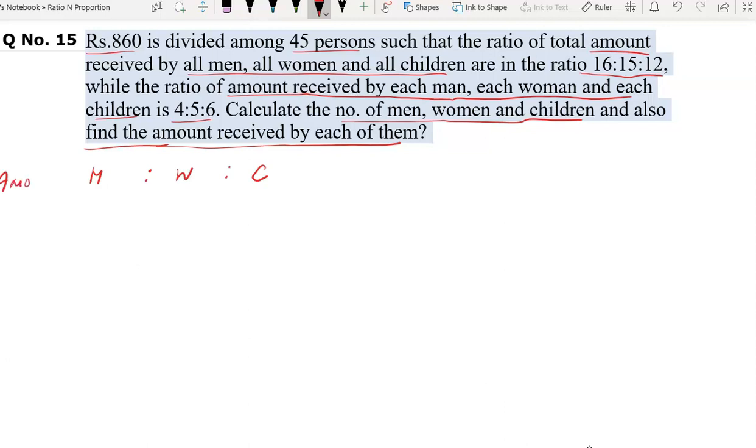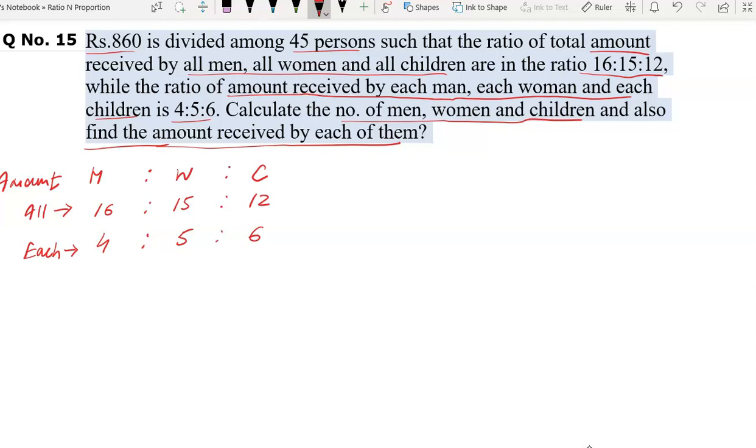So amount received by all men, so this is all men, all women and all children, they are in the ratio how much? 16:15:12, while the ratio of amount received by each man, each woman and each children is 4:5:6. So 4:5:6 is the ratio of each, is the amount received by each man, woman and children.